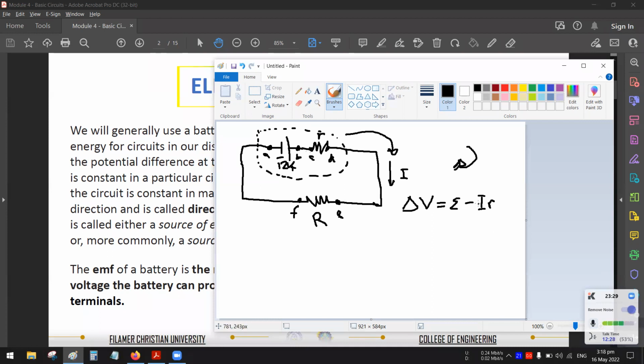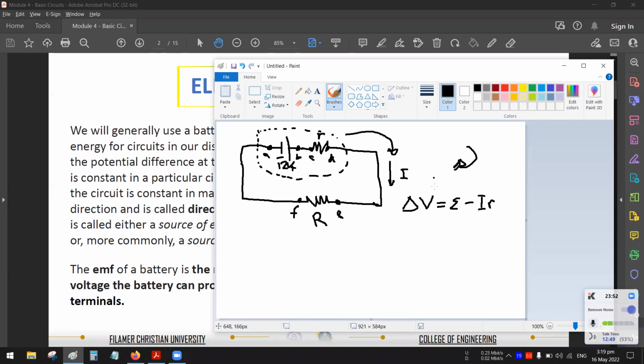Okay? So this is now your terminal voltage of the battery. So ito na yung mismong voltage sa labas ng circuit. Ideally, meron tayong 12 volts, but realistically, hindi talaga siya 12 volts because of internal resistance.